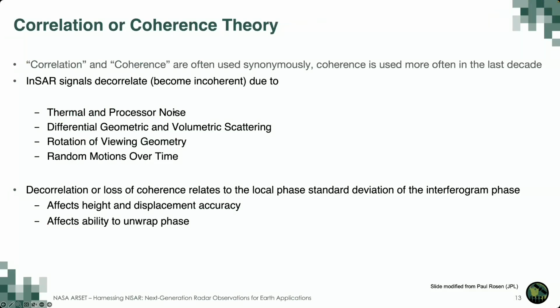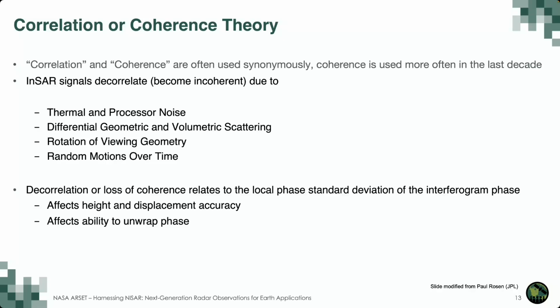This is generally very small. Then there is differential geometric and volumetric scattering. This is where the radar waves are bouncing off of a volume of scattering objects. Typically, this is a forest where the radar may be bouncing off different layers in the forest. And that's heavily dependent on the radar wavelength. Another thing that can cause noise is the rotation of the viewing geometry, but with modern satellites that's not a concern.